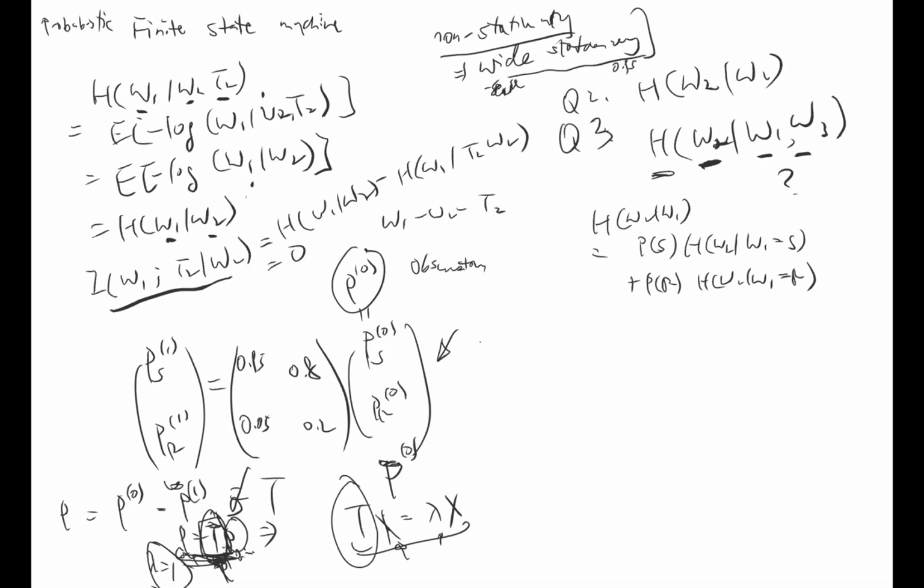And then when I'm sunny, I think the transition probability is 0.95, right? 0.95.